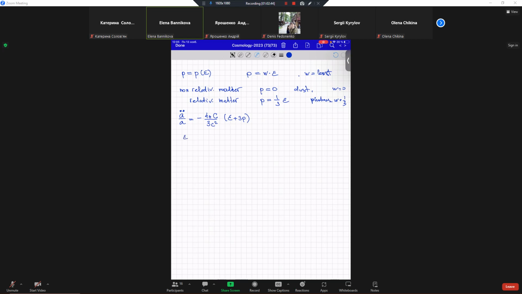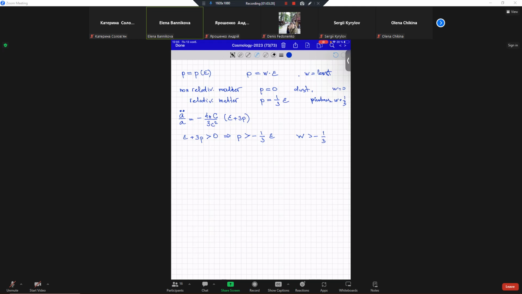So, for example, if epsilon plus 3p is more than 0, so this is positive, it means that p is more than minus 1 divided by 3 epsilon, it means that this constant w is more than minus 1 divided by 3.